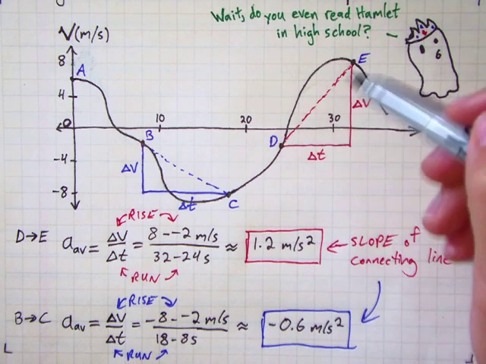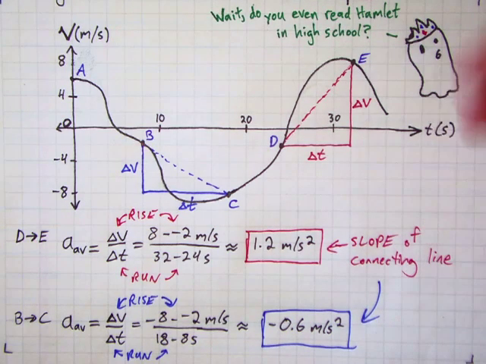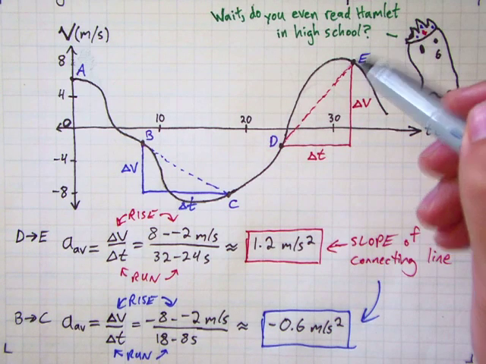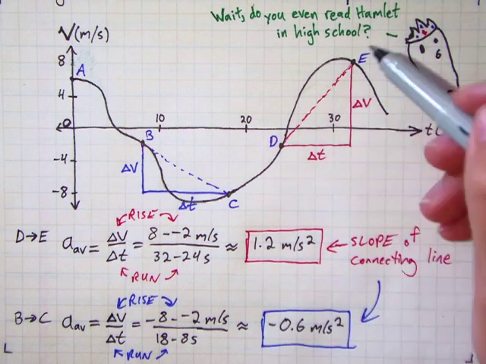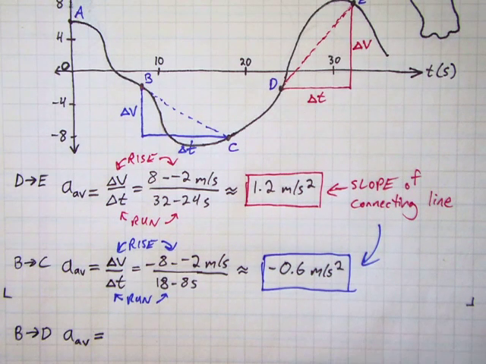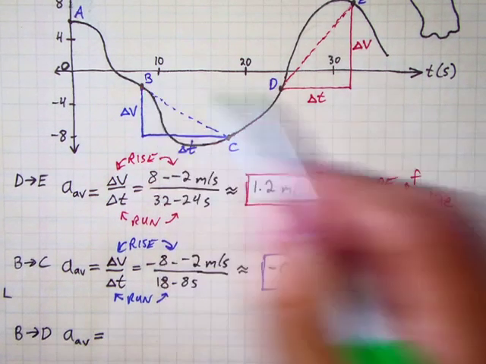Compare up here, its velocity became more positive. It started out with a small negative velocity, ended up with a large positive velocity. Thus we had a positive acceleration between those two events. Let's check one more thing here. How about between events B and D, between this moment and that moment?